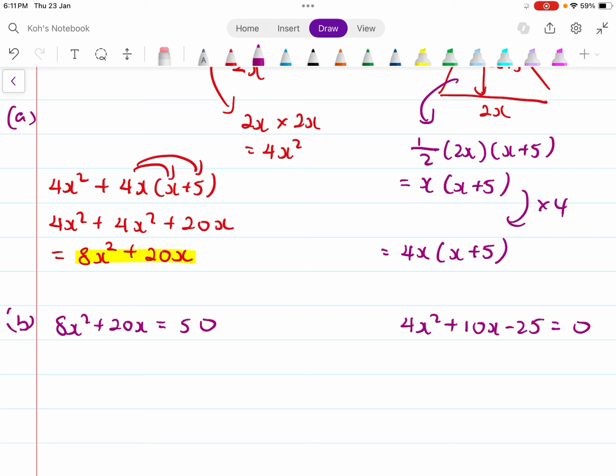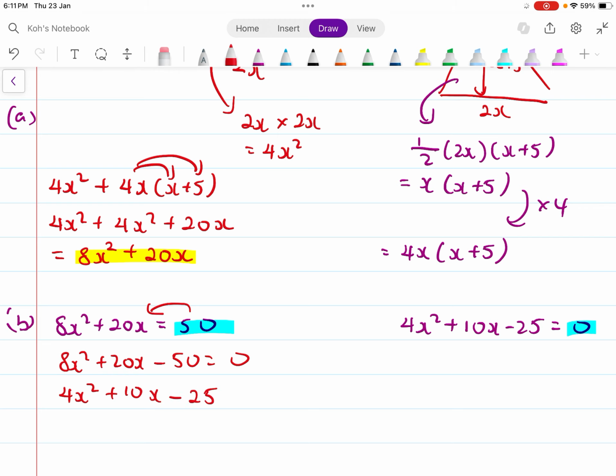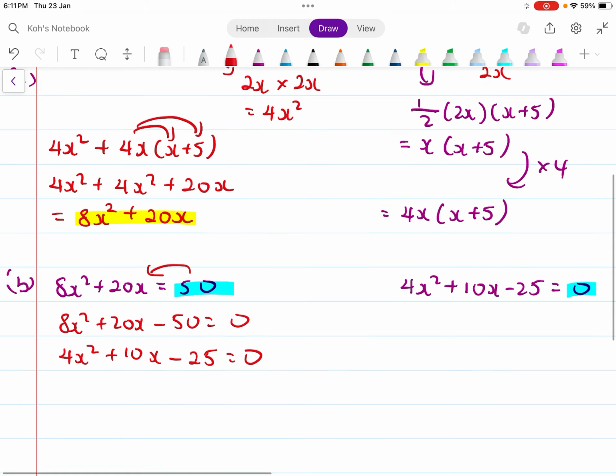Then you move the 50 to the left hand side, because the right hand side is 0. So 8x squared plus 20x minus 50 equals 0. Then you divide by 2, so it's 4x squared plus 10x minus 25 equals 0. So that's for part B.